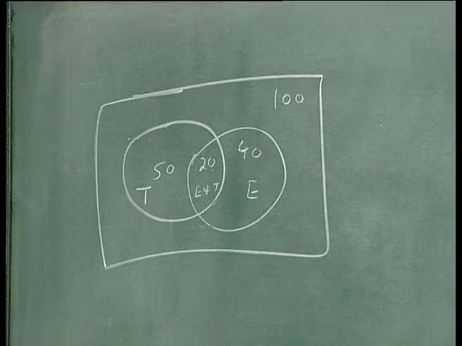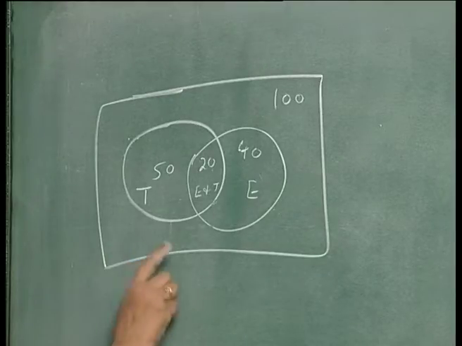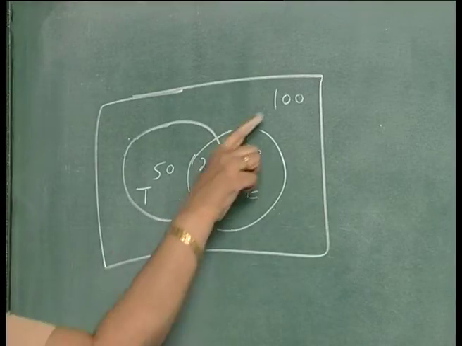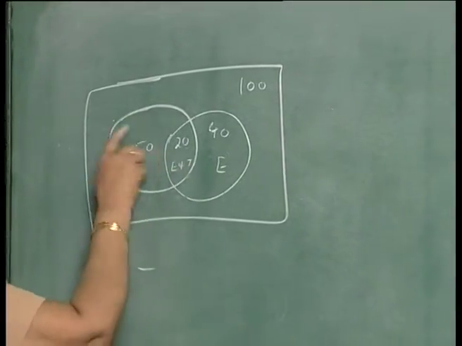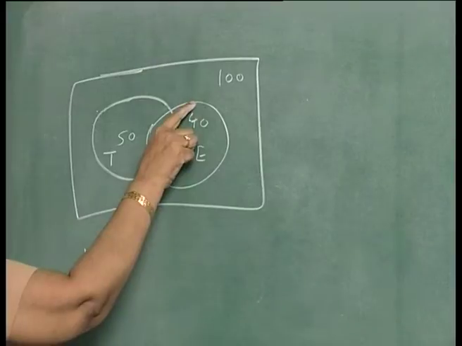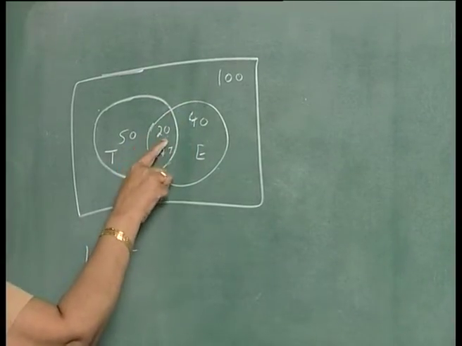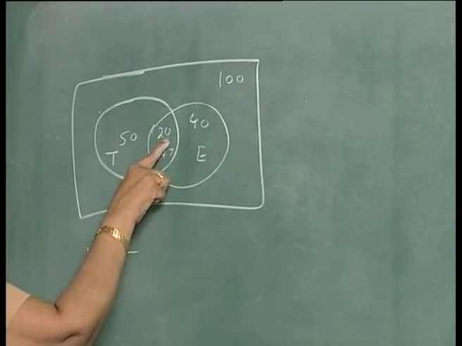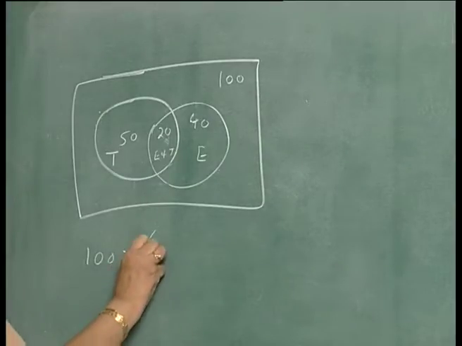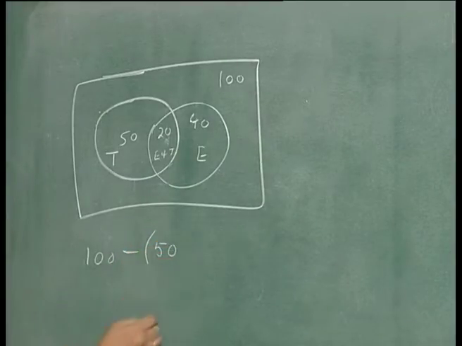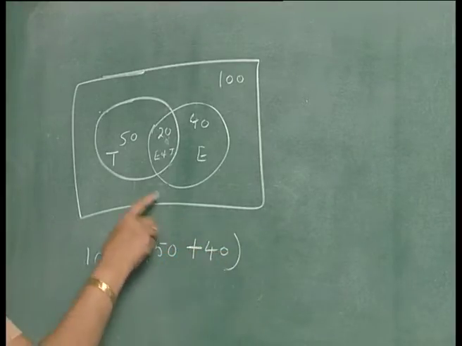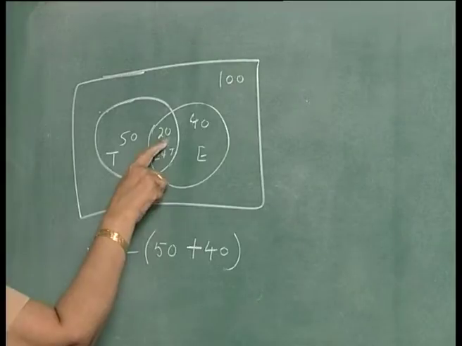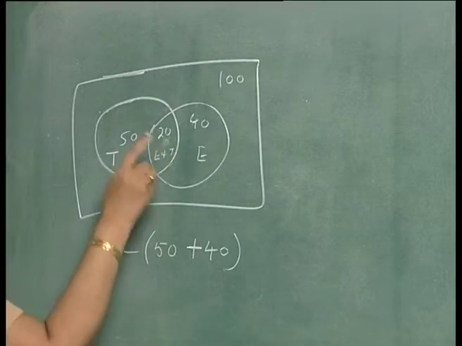What is the number of people who do not know either Tamil or English? That you get like this: 100 minus 50 plus 40, but this 20 you have counted twice. So, you have to again add that 20. So, from this you subtract 50 plus 40, but while doing that you have subtracted this 20 twice because this is the intersection.